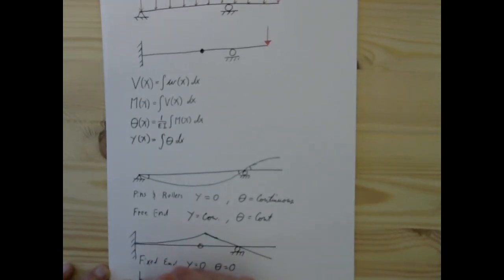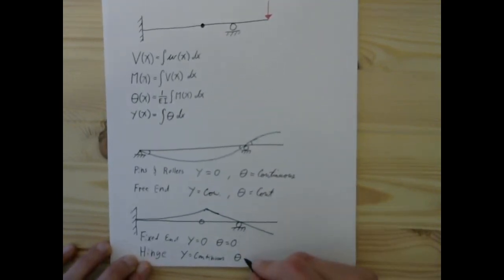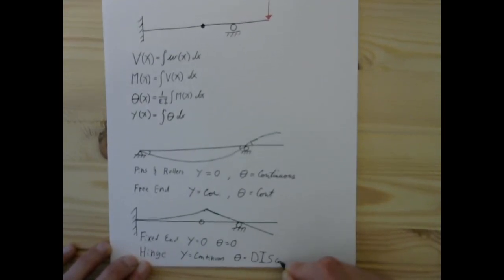At an internal hinge, the deflection has to be continuous. Right, the deflection at this point, just to the left of it, is the same as it is just to the right of it. But the rotation, oh dear, is discontinuous.